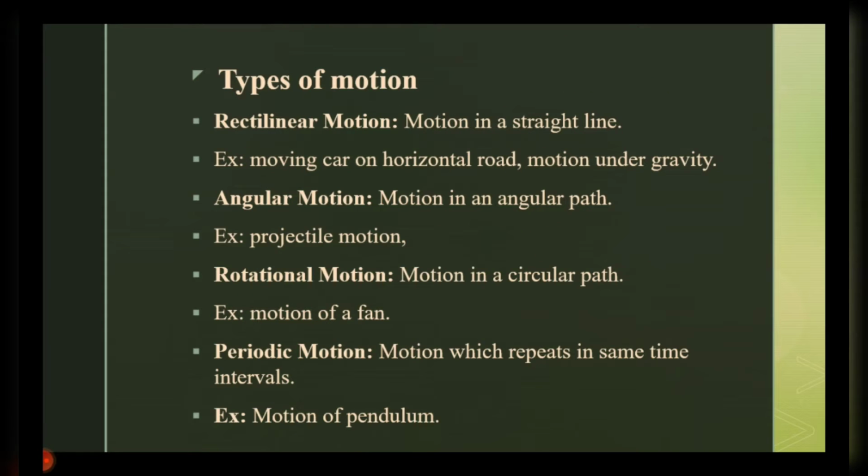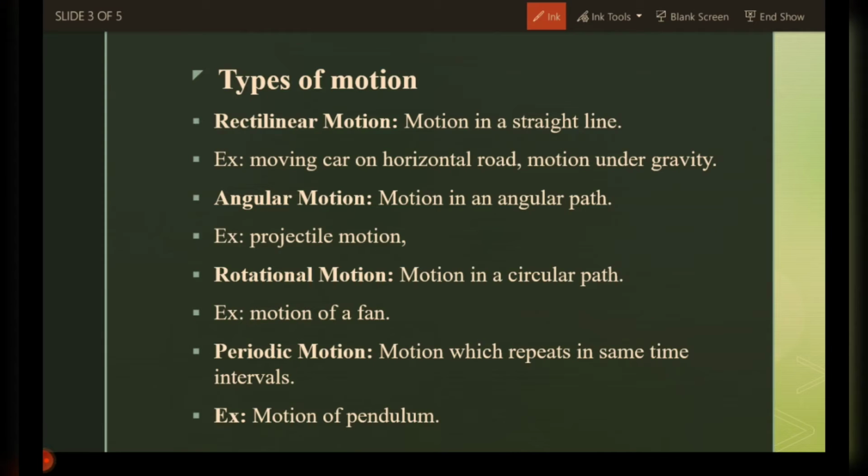Next, types of motion. There are basically 4 types of motion with respect to the path the object covers. First one is rectilinear motion, the motion in a straight line. Any object moving in a straight path is called rectilinear motion.